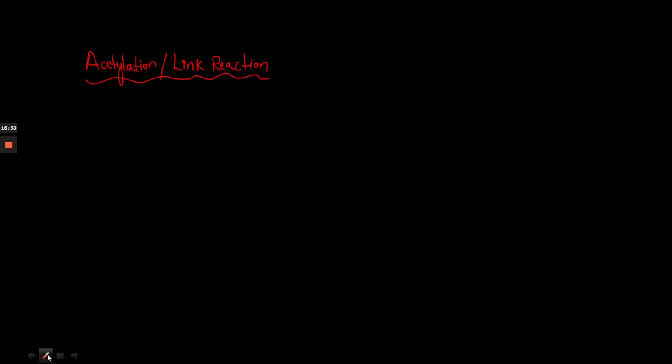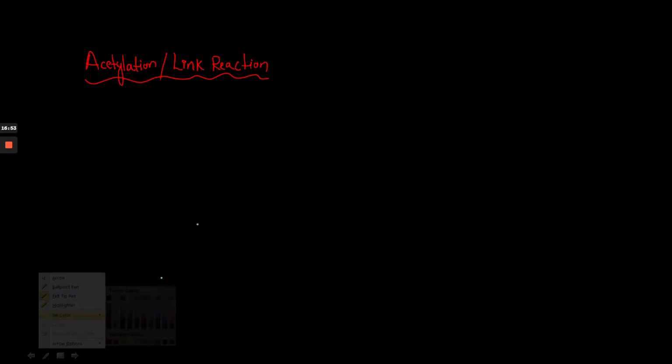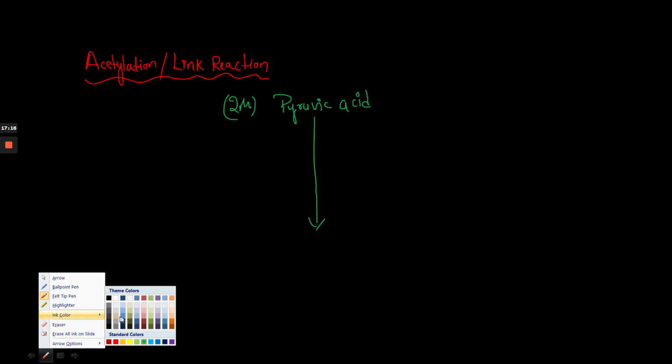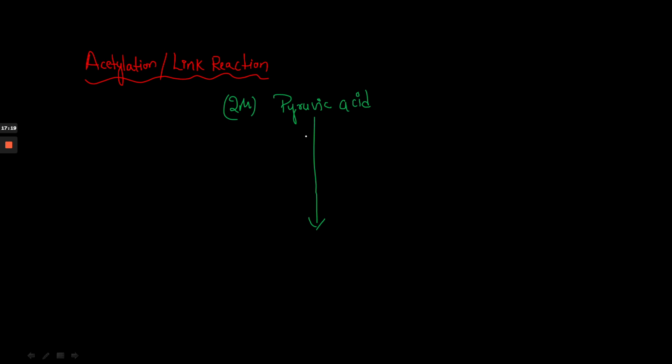Now what is happening? During glycolysis, the first step of aerobic respiration, one molecule of glucose has already been converted into 2 molecules of pyruvic acid. Now this pyruvic acid undergoes 2 reactions simultaneously. It is going to undergo decarboxylation, that is removal of CO2, and also NAD plus is going to get converted into NADH plus H plus.